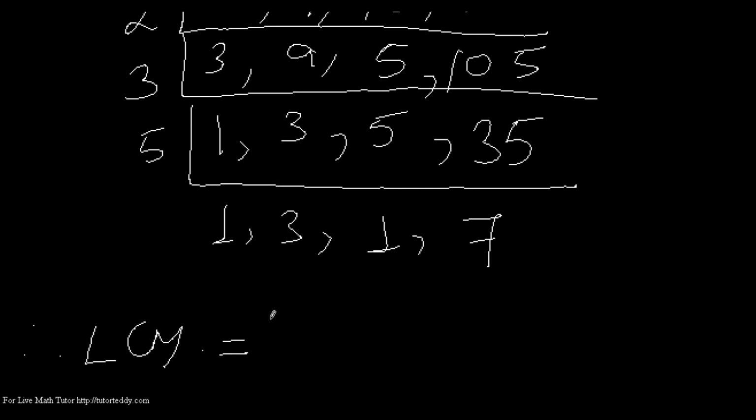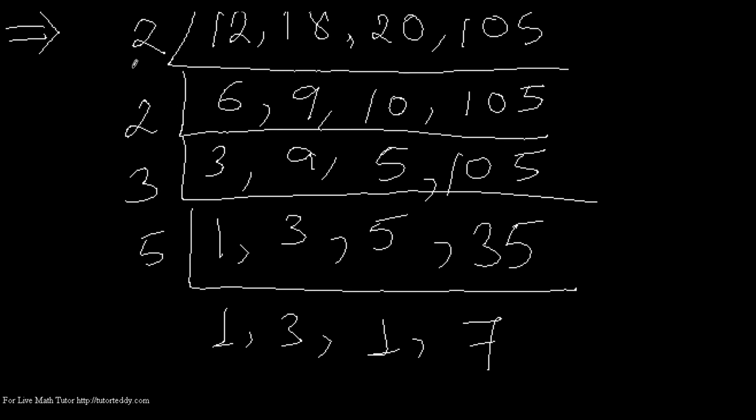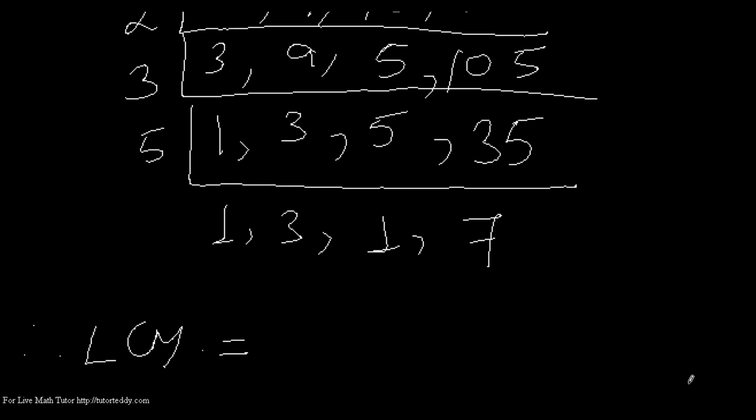my required LCM will be the product of all the divisors I have got. That means 2 into 2 into 3 into 5 into 3 into 7, because the 1 doesn't change the product if I multiply with 1 or not. So I'll write only the numbers except ones. 2 into 2 into 3 into 5 into 7.